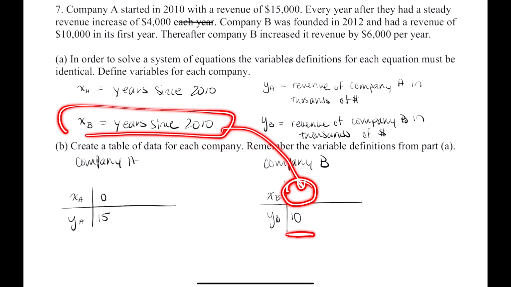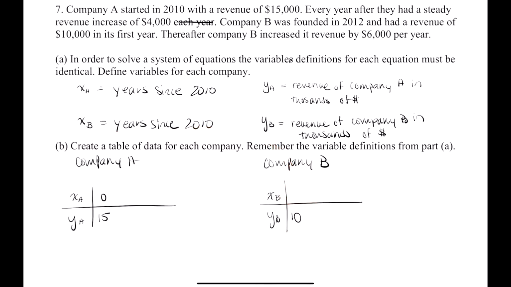So in 2012, 2 years had passed since 2010, so this is a 2. Each subsequent year, so let's go years 1, 2, 3. And here we're going to go years 3, 4, and 5.